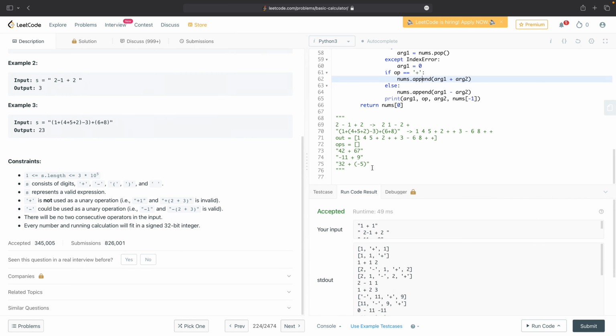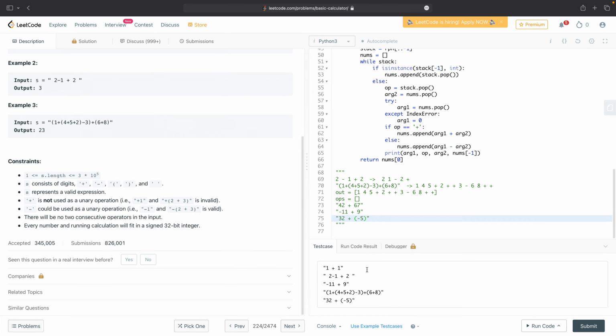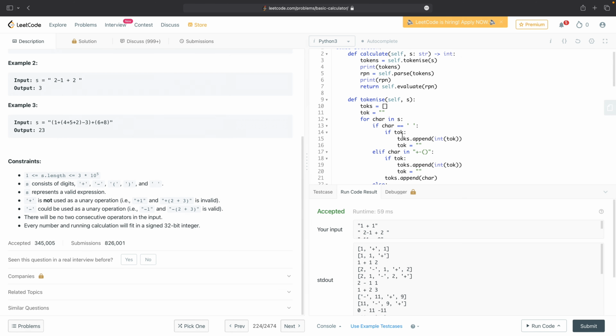I am a bit worried that something like that will break. Oops, that's not the one I want to check. No, not broken yet.